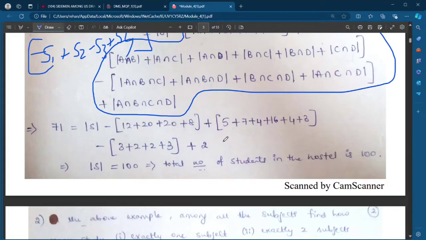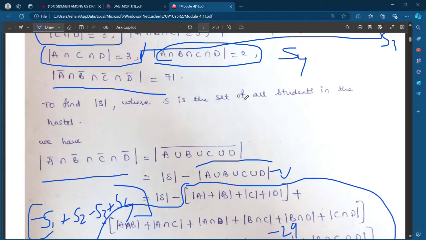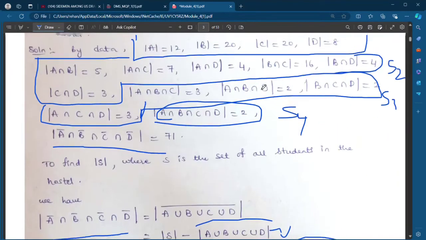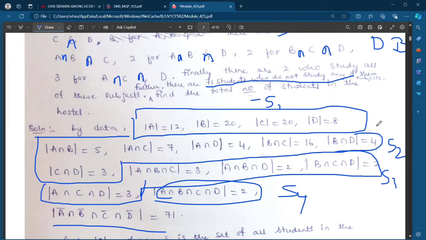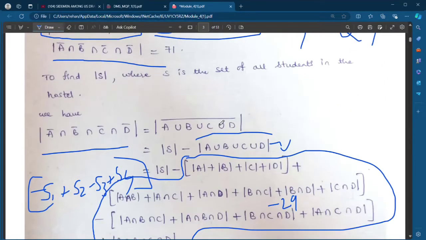Then I will send that value to the left hand side. Such that this whole value I am getting as minus 29. If you do minus S1 plus S2 minus S3 plus S4, you will get minus 29.